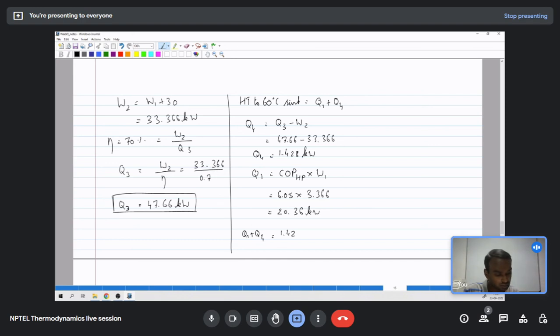Sorry, this is not 1.428. This is 14.29 kilowatt. So Q1 plus Q4 is 20.36 plus 14.29. We have 34.65 kilowatt. So this is the total heat that is transferred to the 60 degrees Celsius sink.